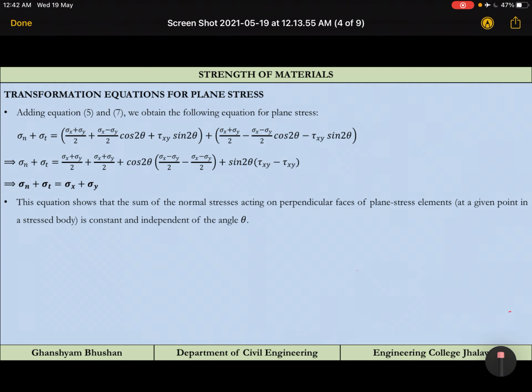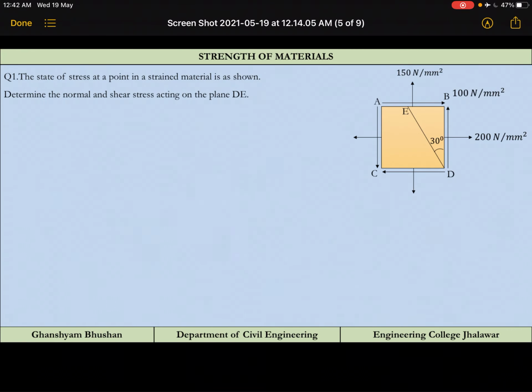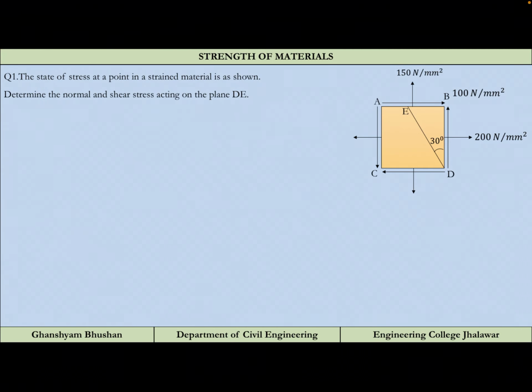Now what we are going to do, we are going to solve one problem. So what is the need of the concept? So that we can apply this concept on the problem. The state of stress at a point in a strained material is shown. So some stresses are put, like the material was strained and stress is generated, something like this.